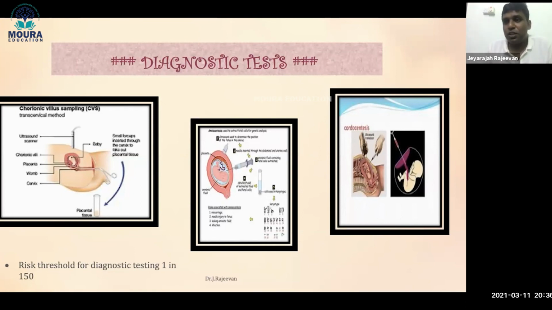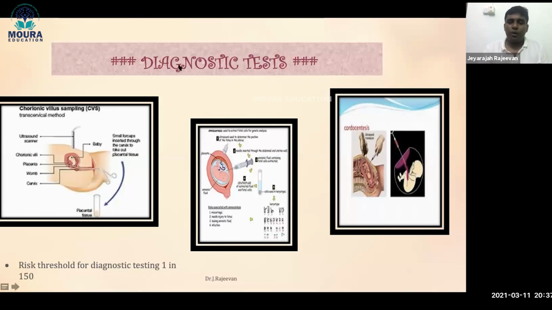Do you understand? So there are differences in collecting samples with these three methods. You can do amniocentesis, chorionic villus sampling, or chordocentesis, but they differ in period of gestation and complication level as well.